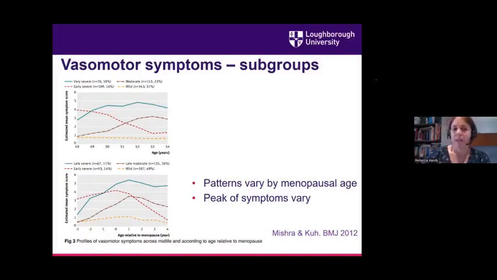But you can see that there's a group of women who experience symptoms in the perimenopausal phase, and then they drop off quite quickly after menopause. There are others where the symptoms seem to peak at menopause and carry on into the postmenopause. So you can see that symptoms might vary across women.